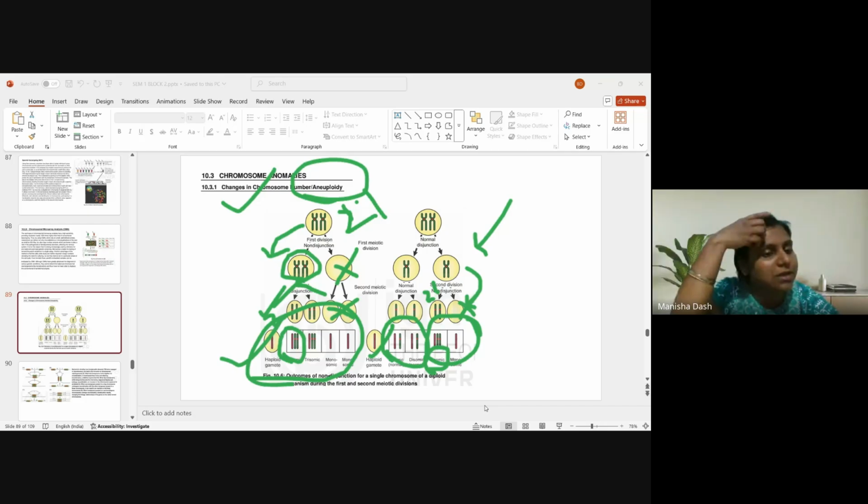Okay, so today we started with mutation. As I told you, there could be 2 types of mutations, spontaneous or induced. Spontaneous means it occurs naturally due to a mistake of the DNA polymerase.